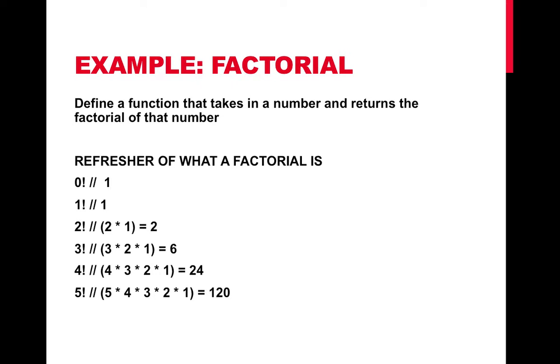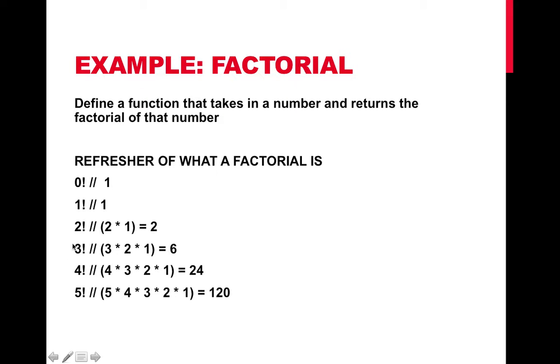A factorial is essentially the product of every number between the desired number and 1. So the factorial of 0 and 1 are simply 1. That's just standard. The factorial of 2 is 2 times 1, which is 2. Factorial of 3 is 3 times 2 times 1.